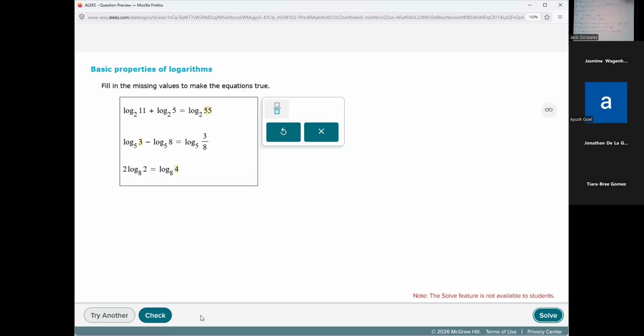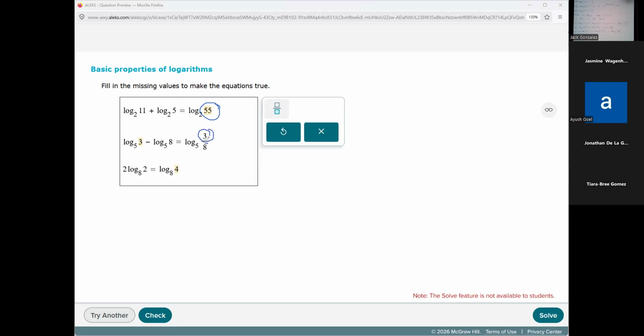So any questions on how we're applying the properties, right? This product property, whenever you have a sum of logarithms with matching bases, lets you multiply the numbers in here. Or it doesn't have to be numbers. Whatever's in there gets multiplied. 11 times 5 is 55.